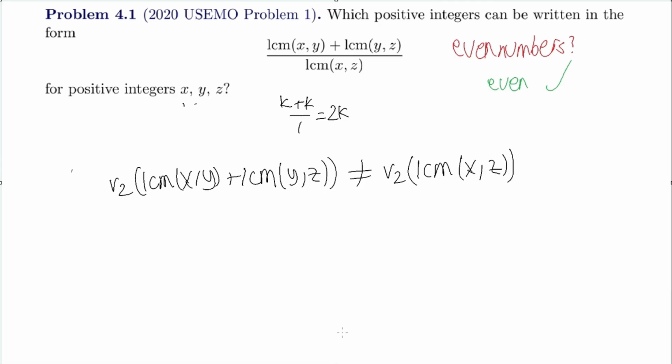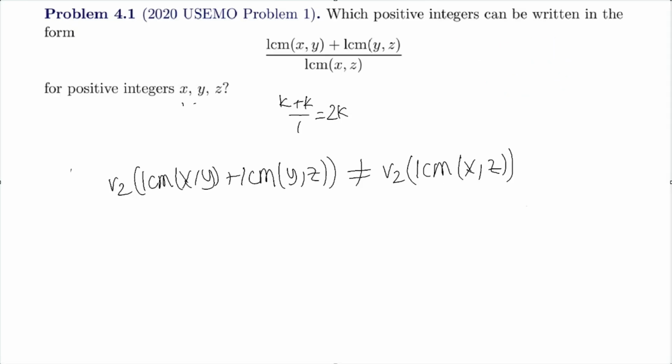And this follows from the multiplication property of nu2. So now what can we do? Well, we have this LCM over here. So let's go ahead and write this out as the maximum of nu2 of x and nu2 of z.